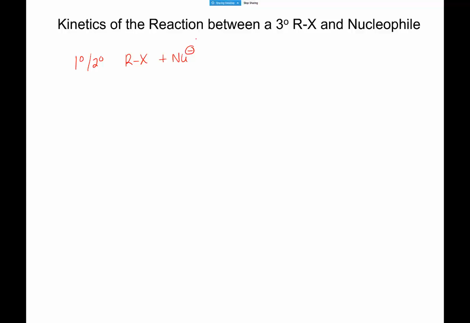If we do that, the kinetics said that the rate of that reaction was equal to a rate constant times the concentration of the alkyl halide to the first power times the concentration of the nucleophile to the first power as well.